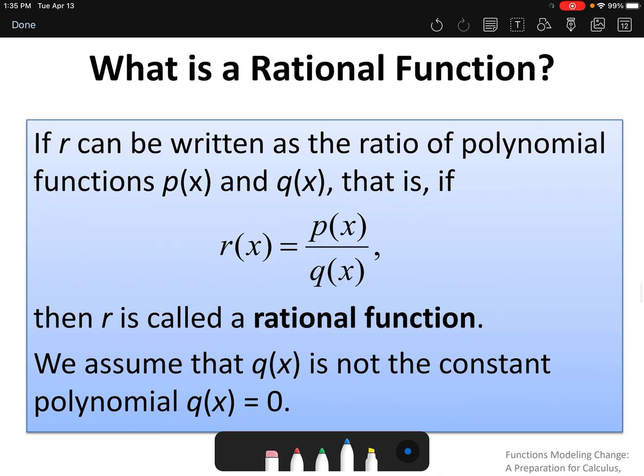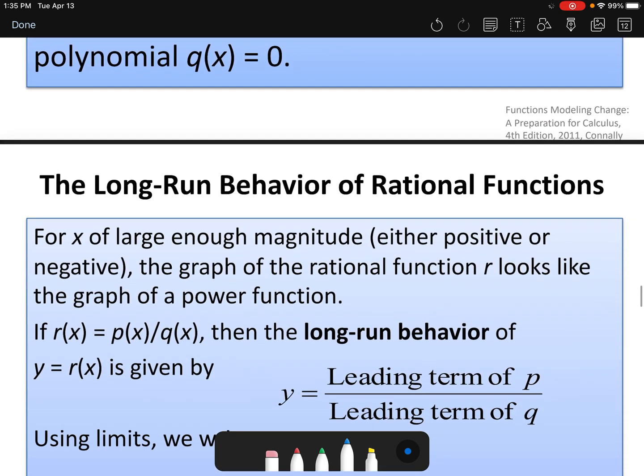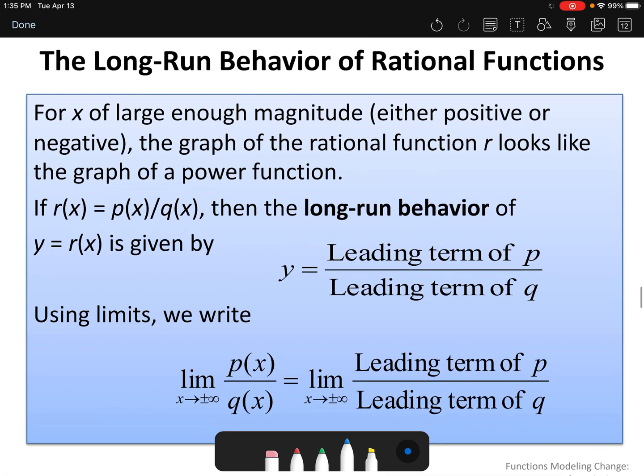So a rational function then is just a function that we can write as the ratio of two polynomials, or a fraction of two polynomials. So we'll just say r of x equals p of x over q of x. Now, the long-run behavior, this is important, of a rational function is simply the leading term of p divided by the leading term of q.